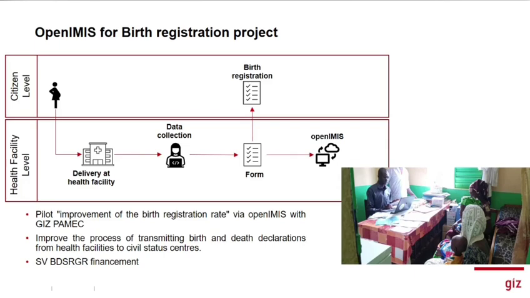So we thought about how we can claim those birth registrations directly in openIMIS, so that the health facility can get reimbursed for what they invest in the birth registration. That project was coordinated with PAMEC under the financing of the sector network for population dynamics, reproductive health and rights.